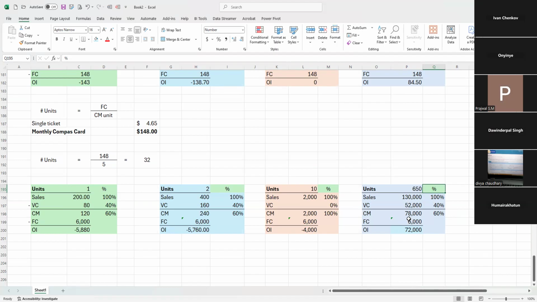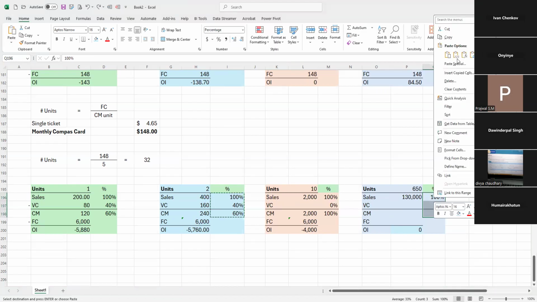So for example, I leave you the sales, I cut you the variable cost, I cut you the contribution margin, and cut you the fixed cost. And I give you the ratios, because you know the ratios, they don't change. We already established the ratios, they don't change.